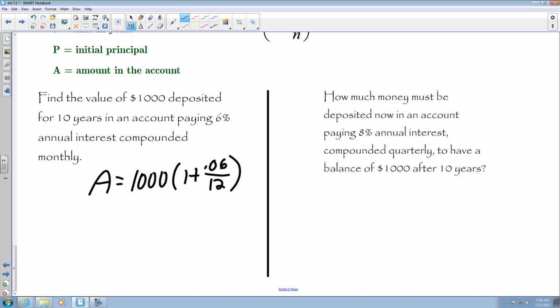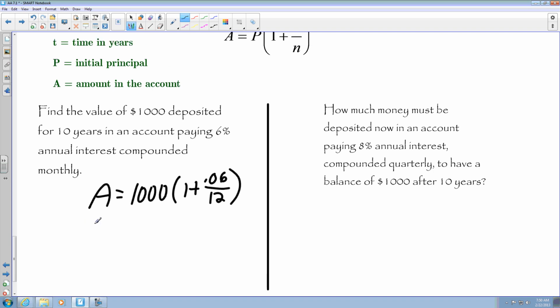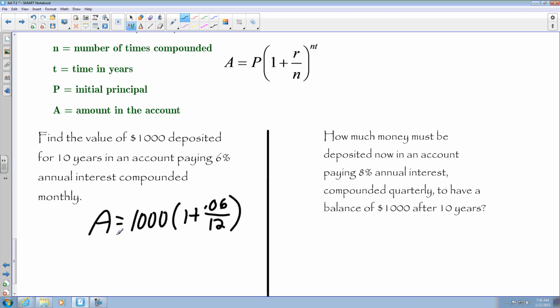And I'm going to go to the N times T, so it would be 12 times 10, so that would be what, 120? And when you do all the math, it comes out to be roughly $1,819.40.